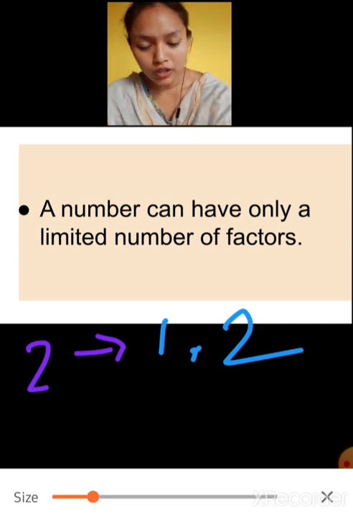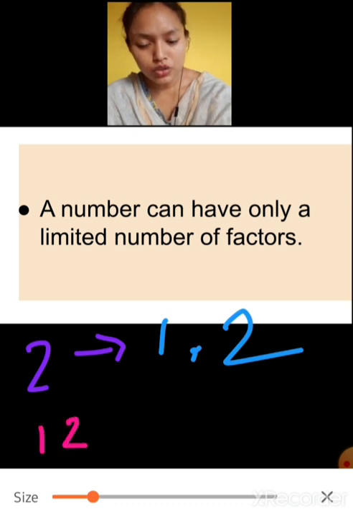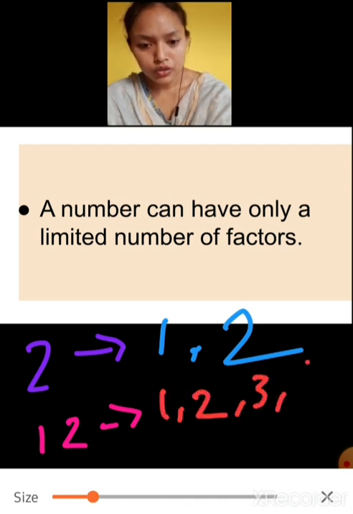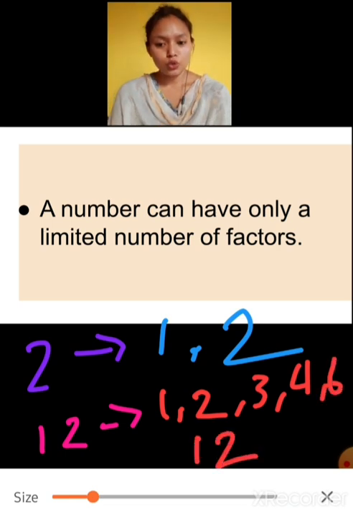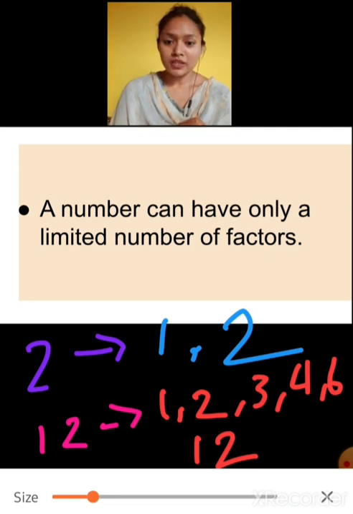Now we were talking about 12. So 12 is having how many factors? 1, 2, 3, 4 and then 6, then 12. So 12 is having 6 factors. Means a fixed number is there. We cannot say infinite.